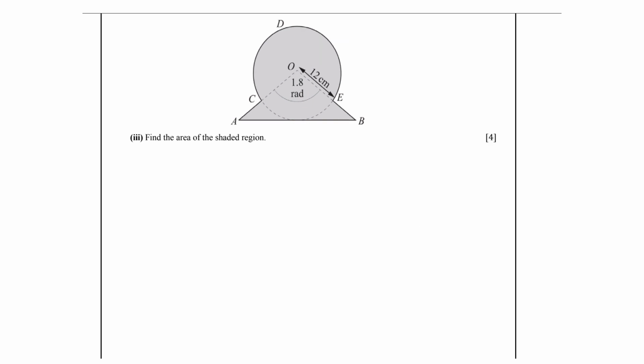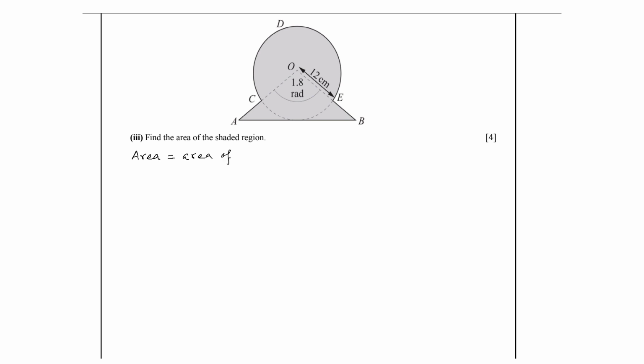For the last part of this question, we have to find the area of the shaded region. This shaded region has two parts. So area consists of two parts. The one part is the major sector CDE.